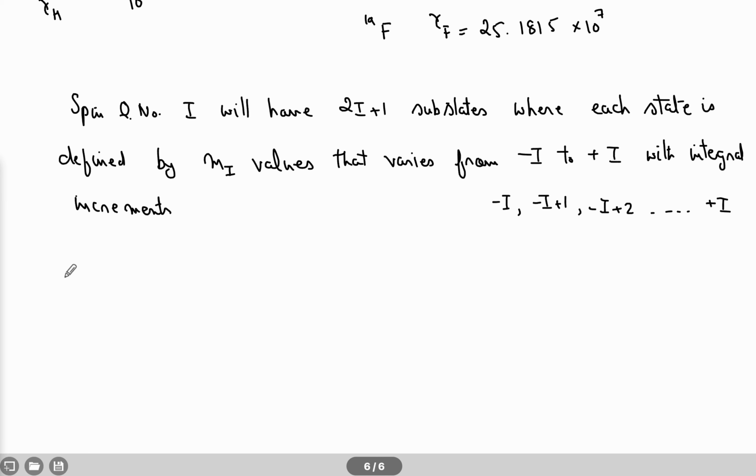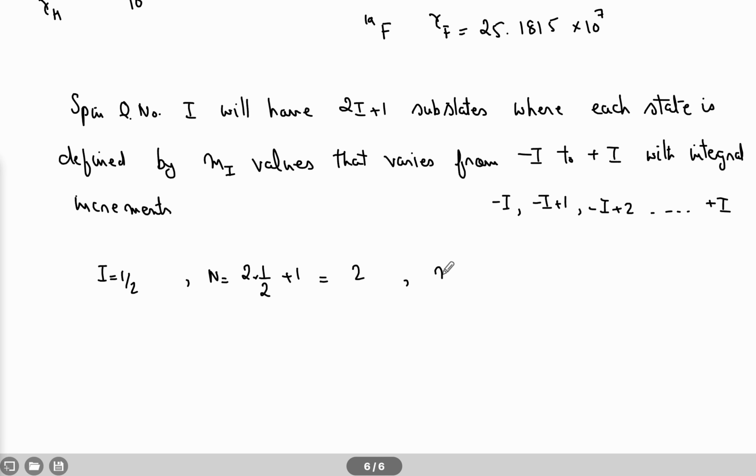So if we are talking about I equal to half, that is a spin half particle, that means there will be two states. If I calculate 2I plus 1, the number of states will be equal to 1 plus 1, that is 2.